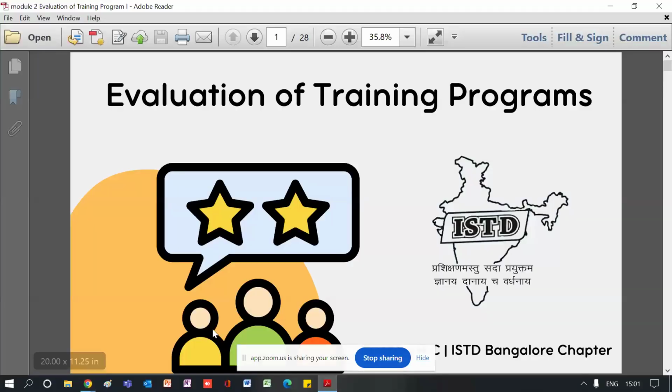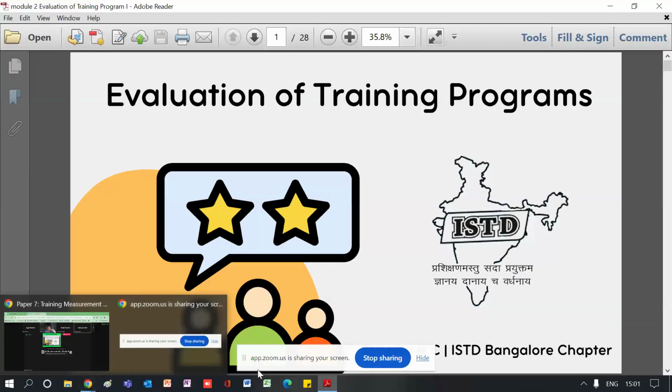For example, before starting the training session, we have certain figures that the learner has acquired. Post completing the session entirely, we will have the difference between the metrics.